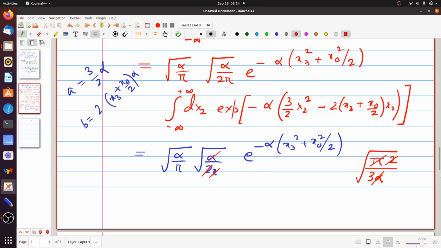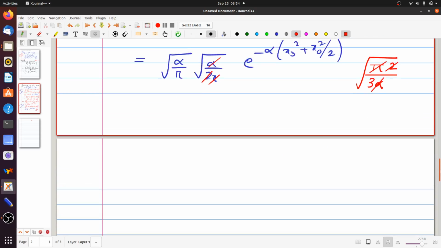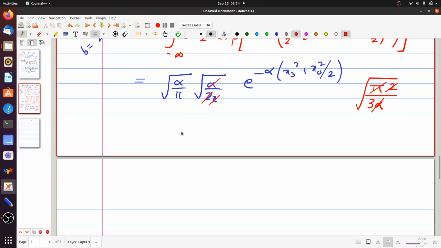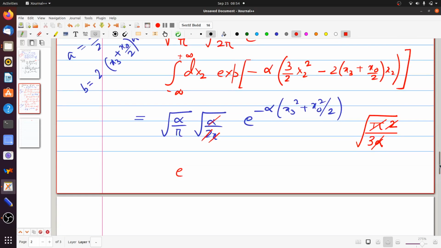But we are yet to write down the most important term in the calculation, which is the exponential, which you get by calculating b square by 4a. So b square is 4 times (x3 plus x0 by 2) whole square, alpha square of course, divided by 4a, that's 4 times 3 by 2 alpha.